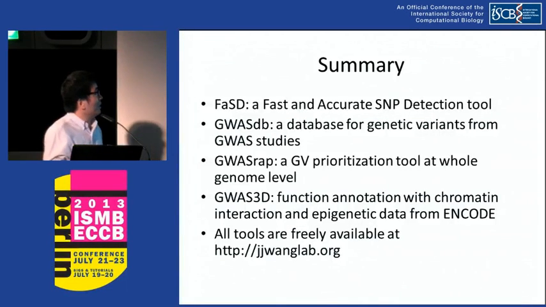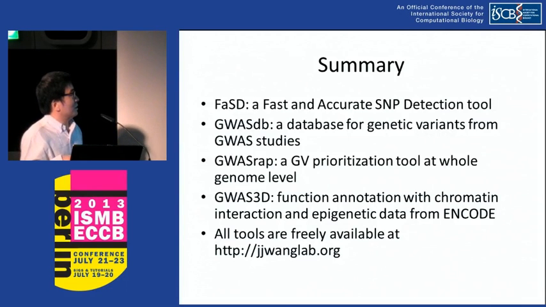So in summary, I introduced a SNP detection program which is fast and accurate. I also introduced a GWASdb database for genetic variants from genome-wide association studies. We have this genetic variant prioritization tool. You can use it at a whole genome level and do extensive function annotation.